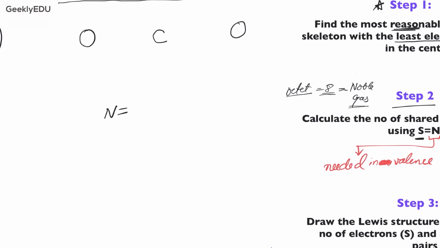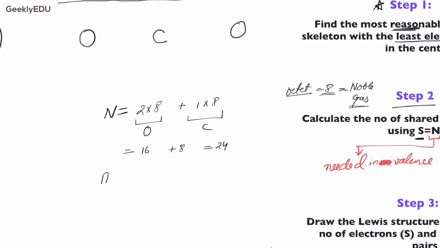So we have 2 times 8, because there are 2 atoms of oxygen and each one requires 8. And then 1 times 8 for carbon. So 2 times 8 is 16, plus 8, that makes 24.